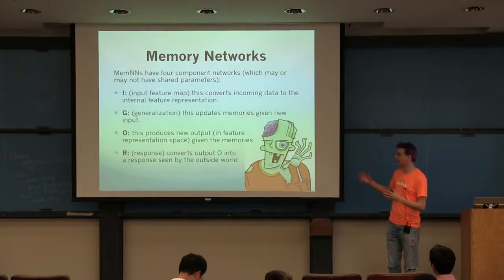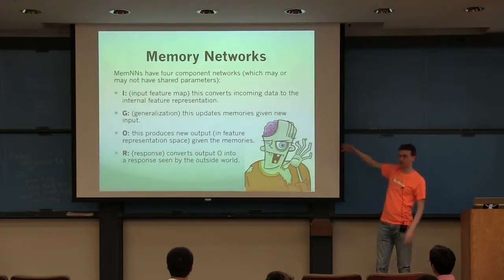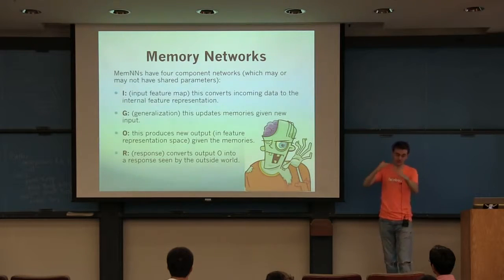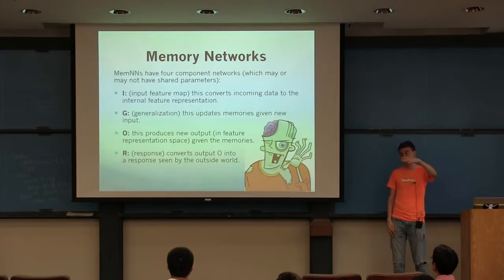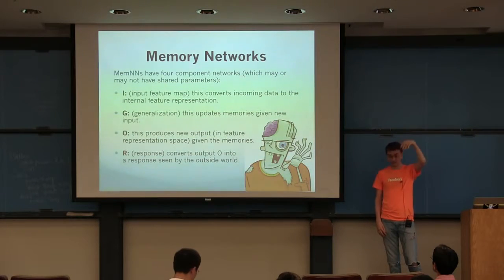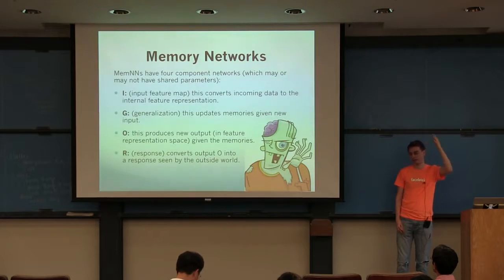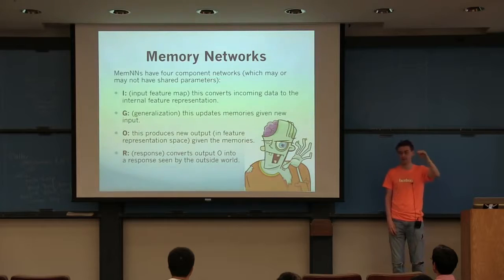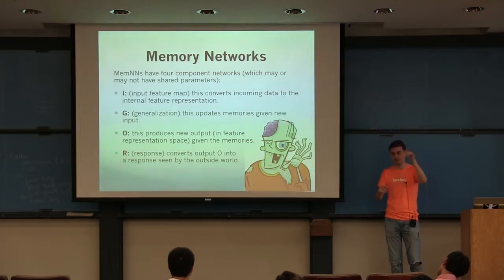So at this very high level, we think this class of algorithms consists of 4 components, and they go in order. The first is the I component, the input feature map. Here you're given some input coming in to the memory network. In our case, it's a sentence. It's either a sentence that's one of the statements from the story, or it's a sentence that's a question.